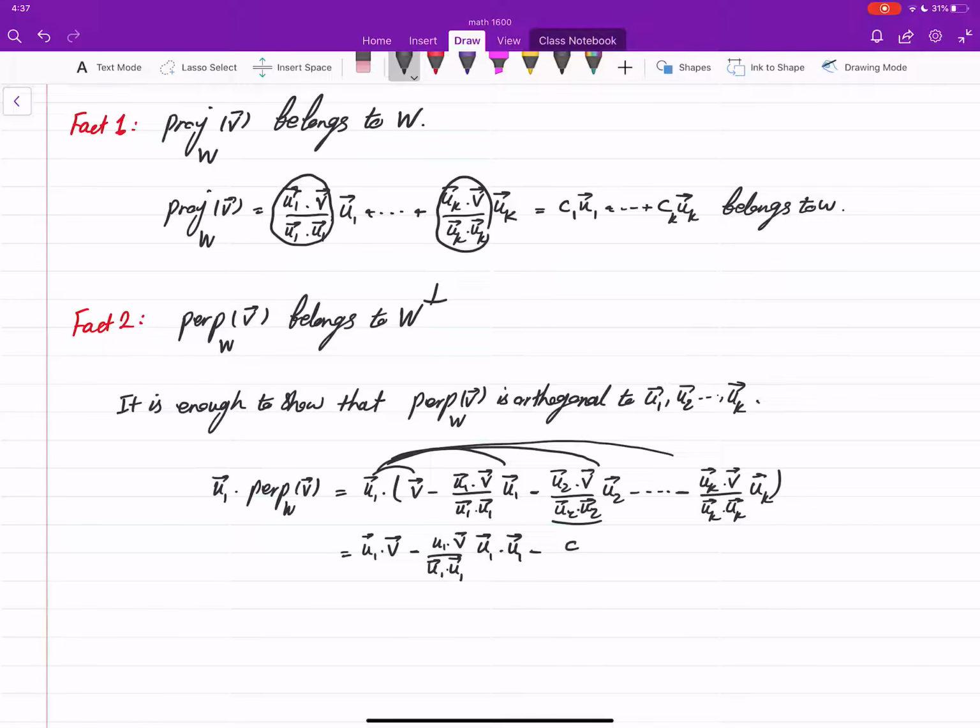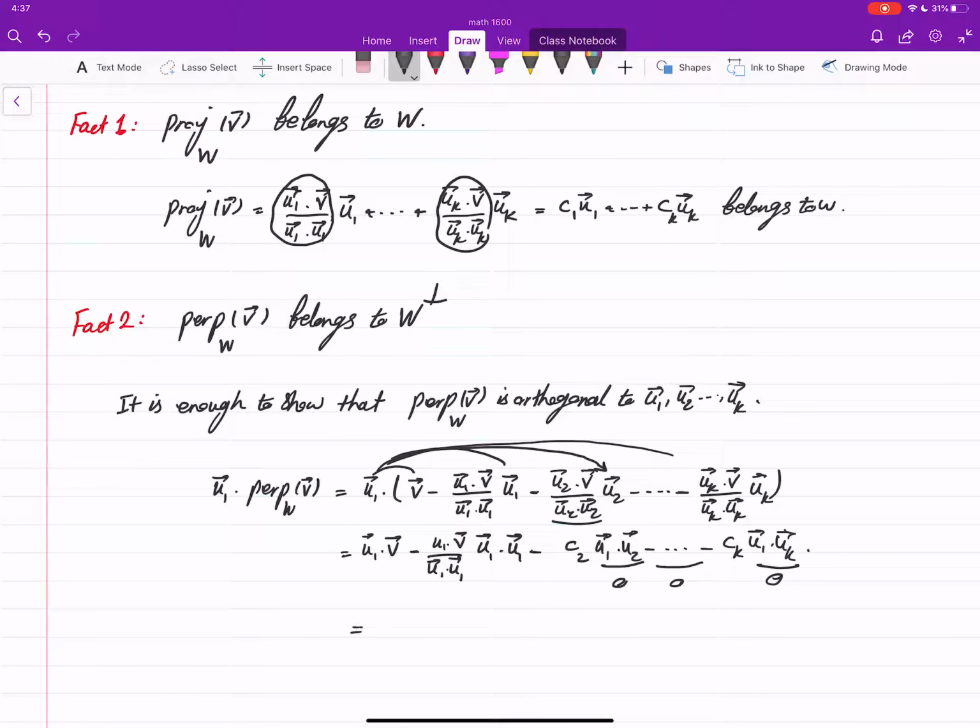We have, let's say, c2, then U1 multiplied to this U2, so it will be U1 dot U2, and this will go up to ck U1 dot Uk. The reason those constants don't matter is that these form an orthogonal basis, so the dot product of any two distinct elements from that set is 0.